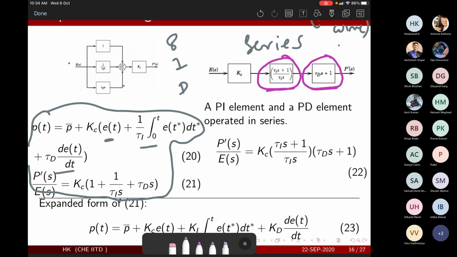So instead of splitting, you make a PI circuit and a PD circuit separately. If you need an amplifying factor, you can keep it either in the front or in the back, forget about that. The error signal, you pass through them one after the other, first the PI and then the PD. What would happen? Your P would be doubly acted, because it is PI and PD, right?